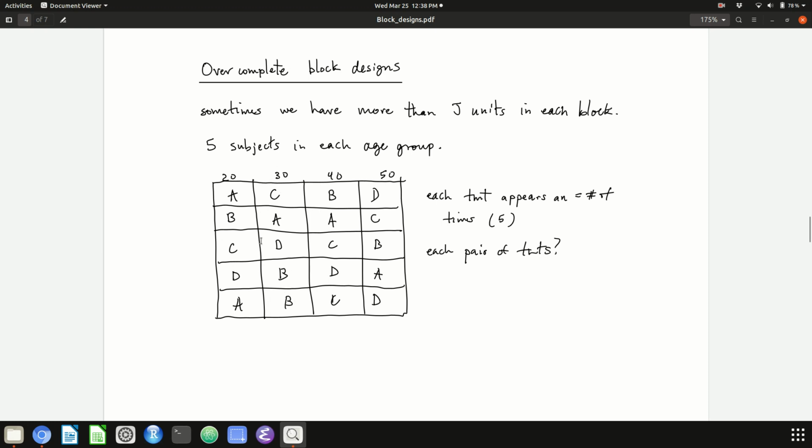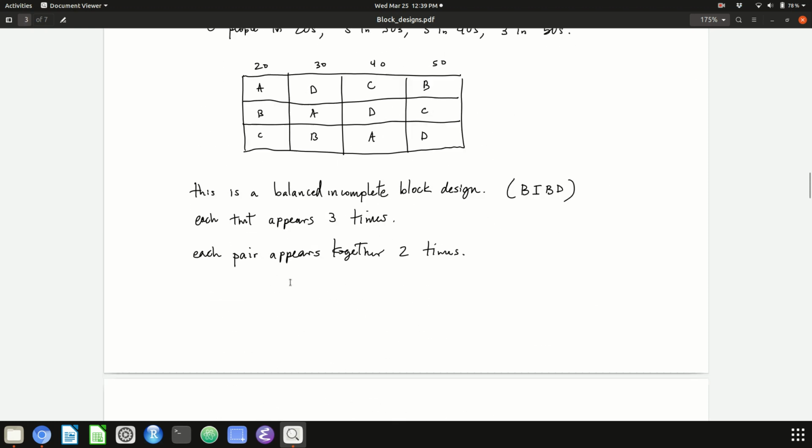So this block actually gives you more information about the comparison between B and C than this block does. So what I mean is it's not clear how you should count the number of times each pair of treatments appears together in the same block. For B and C, you should count this as 1, obviously. But for this comparison, do you count this as 2 comparisons or 1 comparison or 1.5 comparisons? It's not exactly clear.